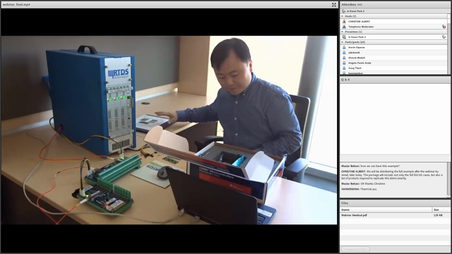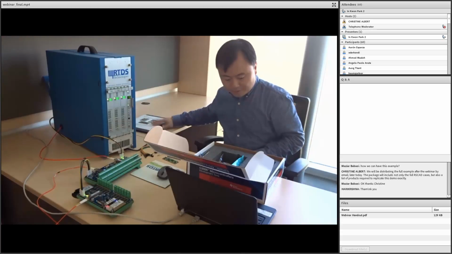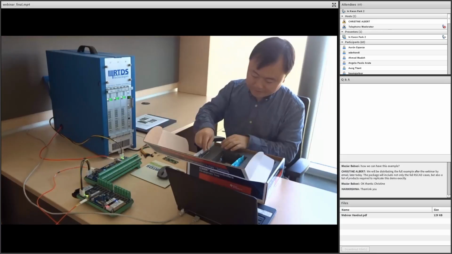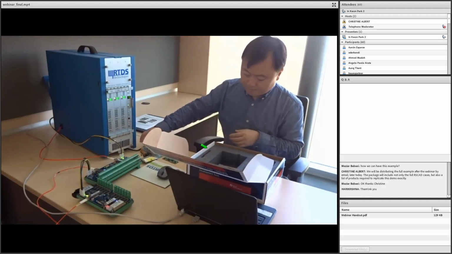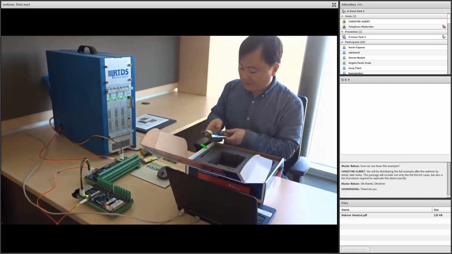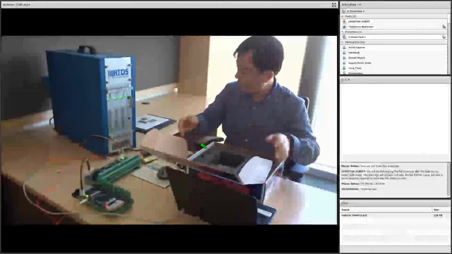I'm taking out the control card, so you may want to pay a little extra attention to find the card, because it fits into a slot like this at the right side of the box. And I'm taking out the USB cable. Then that's the baseboard. So that's the contents of the box, and now I'm closing the box.